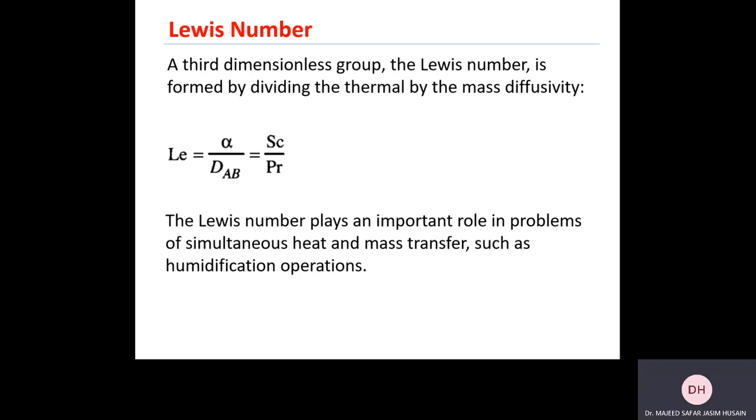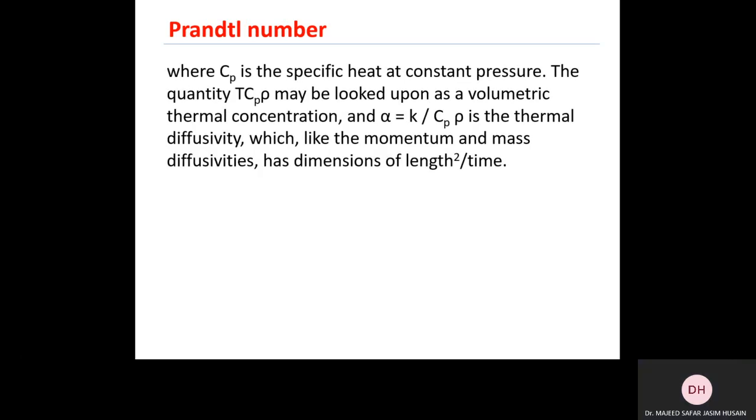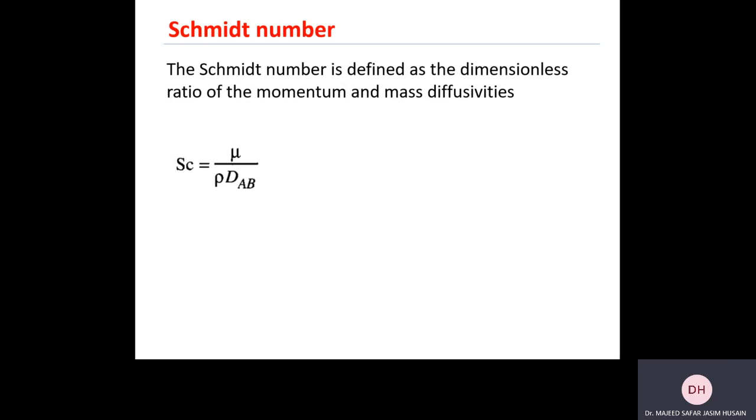So now the Lewis number is basically combining two things together, the heat and mass transfer. Before, the Prandtl number was for the heat transfer, and the Schmidt number was for the mass transfer.